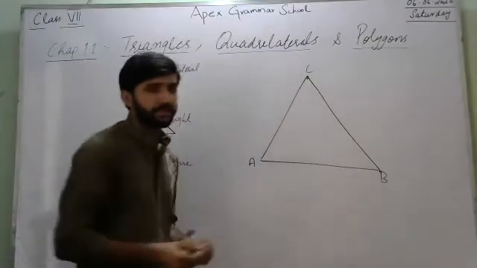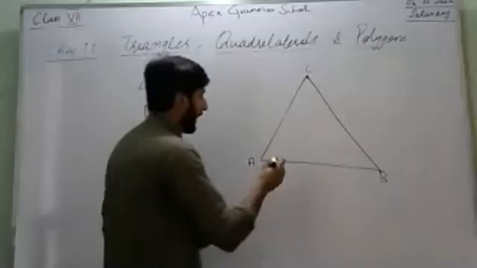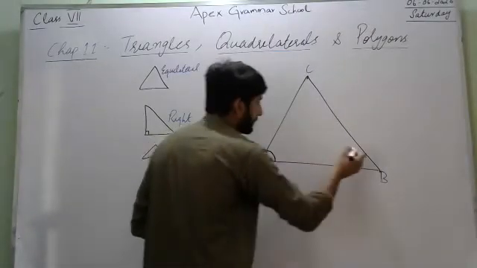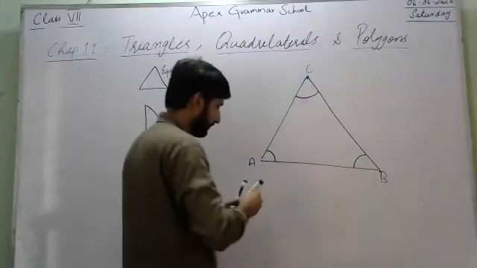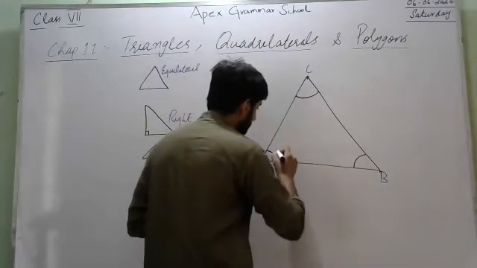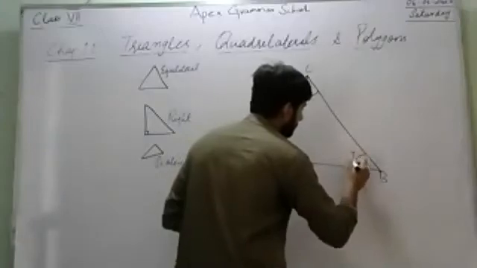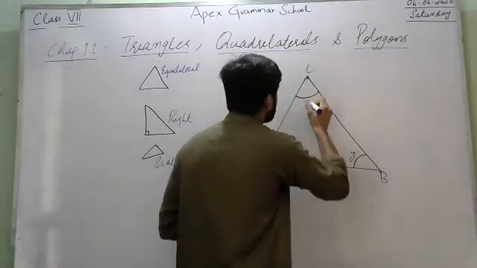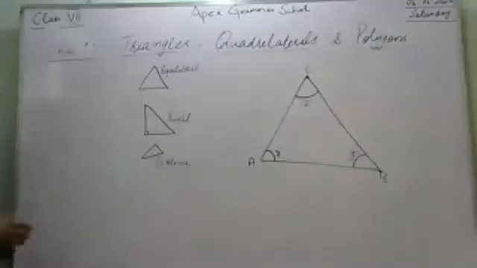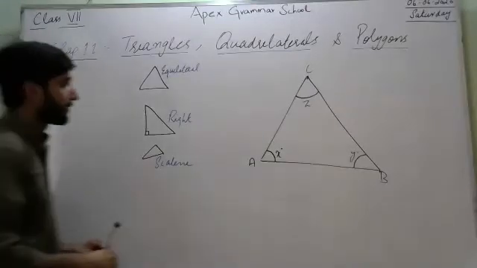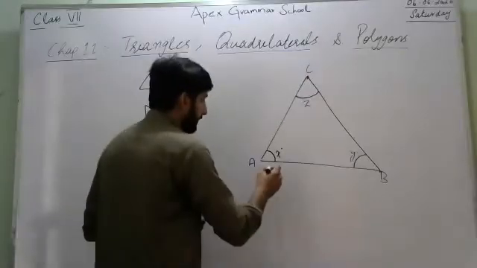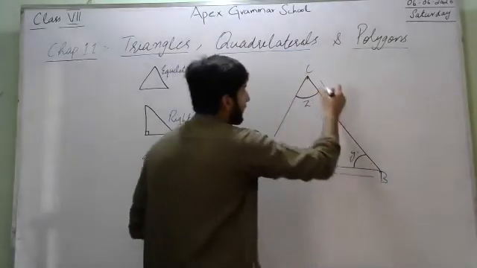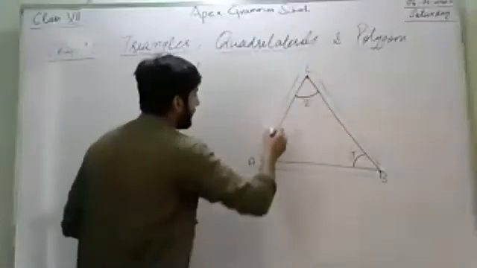If the figure has three sides, this means that this figure has three interior angles. A, B, and C are vertices of this triangle. This is side AB, this is side BC, and this is side CA.